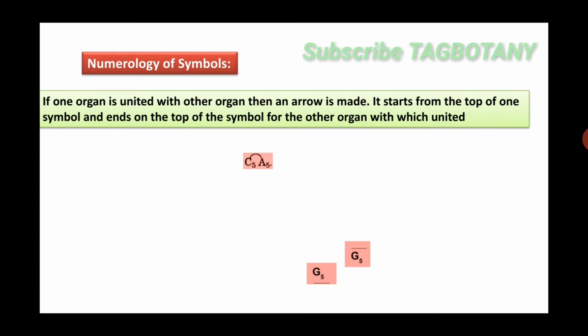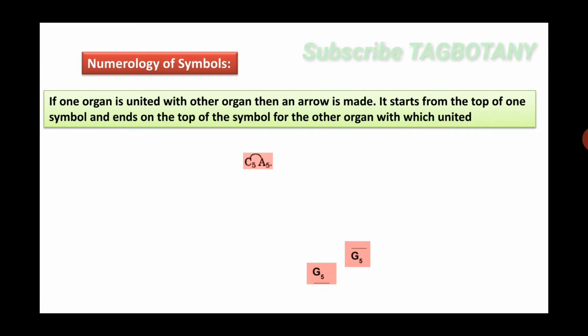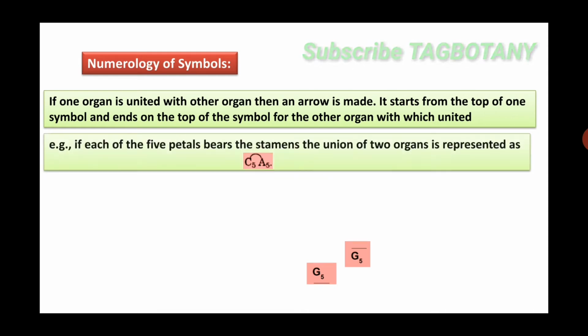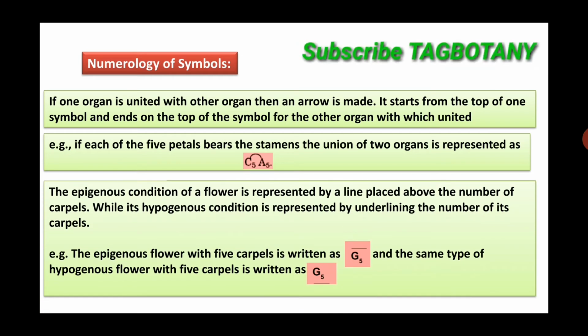It starts from the top of one symbol and ends on the top of the symbol for the other organ with which it is united. For example, if each of the 5 petals bears the stamen, the union of 2 organs is represented as C5, A5 and the arc or the arrow. So that is called as union between different floral parts.